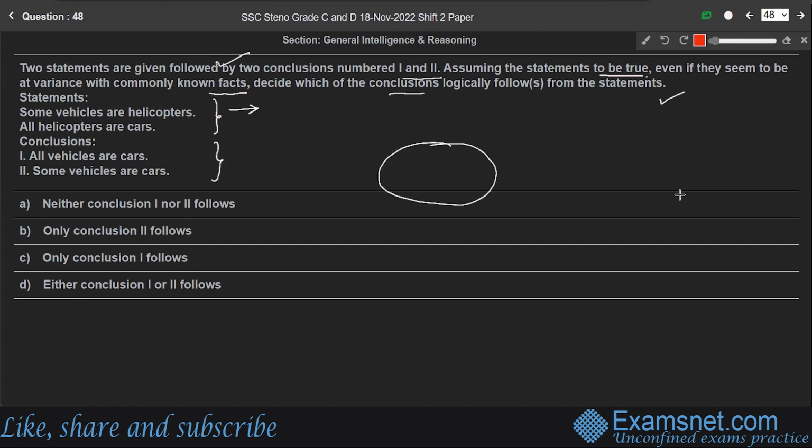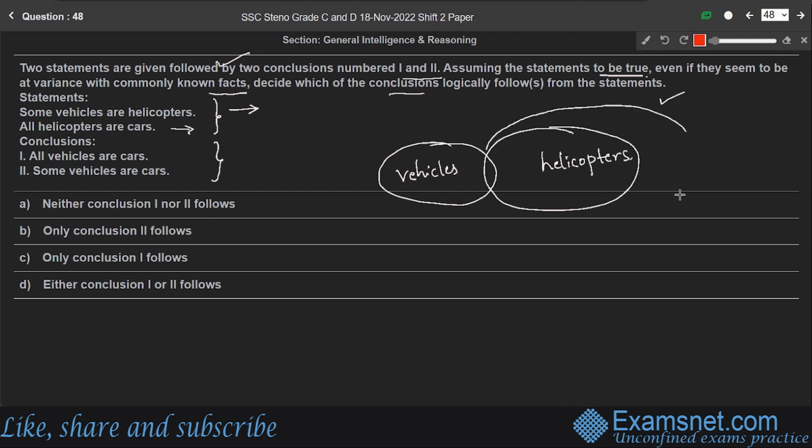So we'll consider set of vehicles and set of helicopters such that some vehicles are helicopters. Some portion of vehicles is helicopter. All helicopters are cars. Second statement. All helicopters are cars. Therefore, set of helicopters is completely included in set of cars.